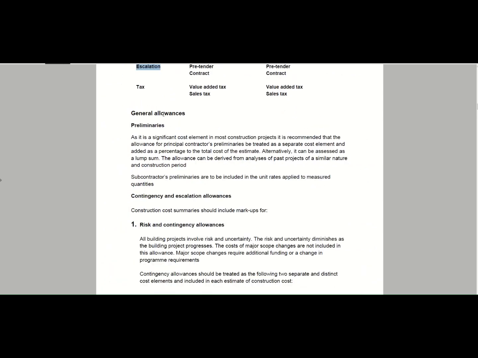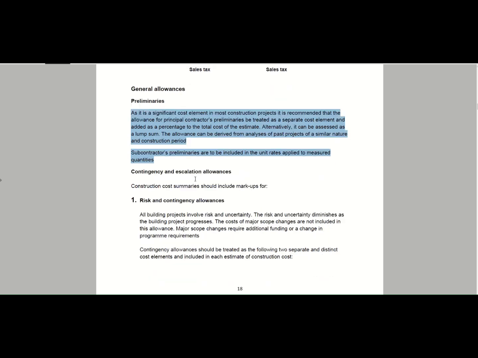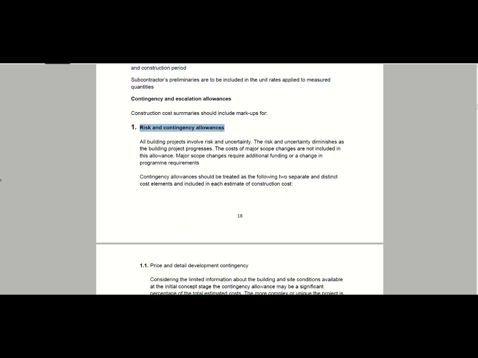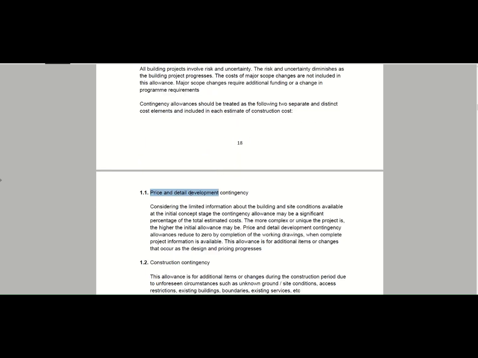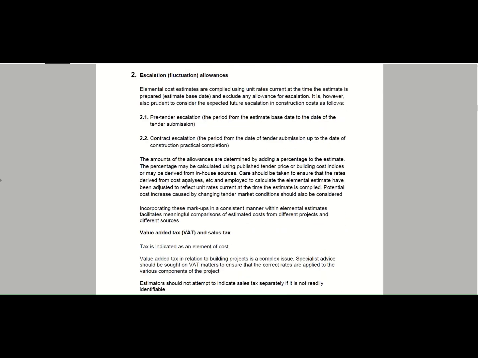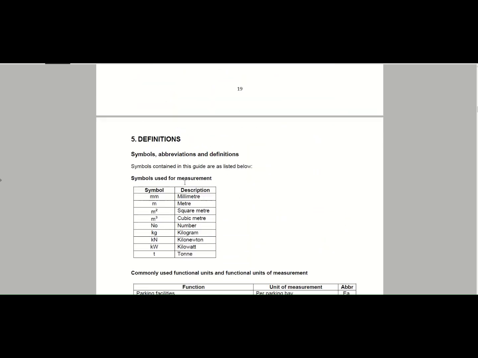Okay, so your general allowances, you can read through this. Here's some nice items that you can look at. Risk contingency allowances, price and detailed development of contingencies, construction contingencies, escalations, some explanations on how that works.